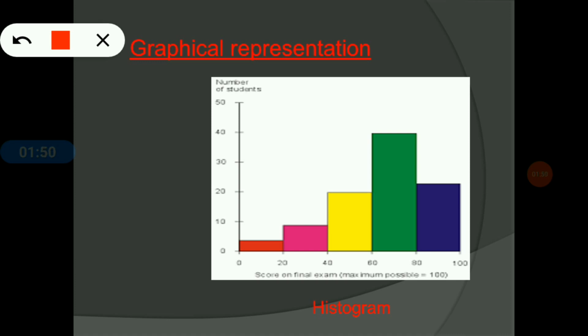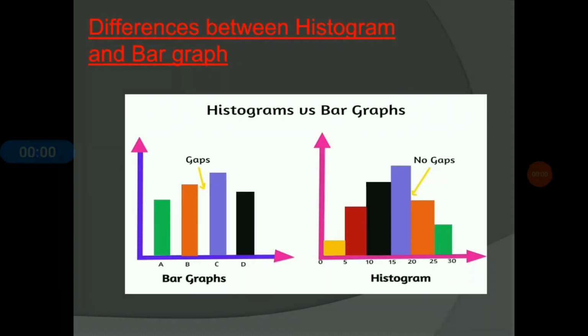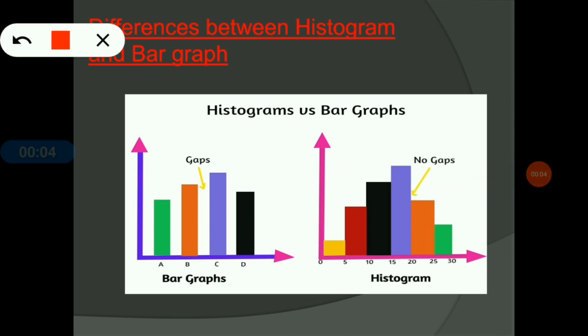Now going to the next slide, where we can see the differences between the bar diagram and the histogram.